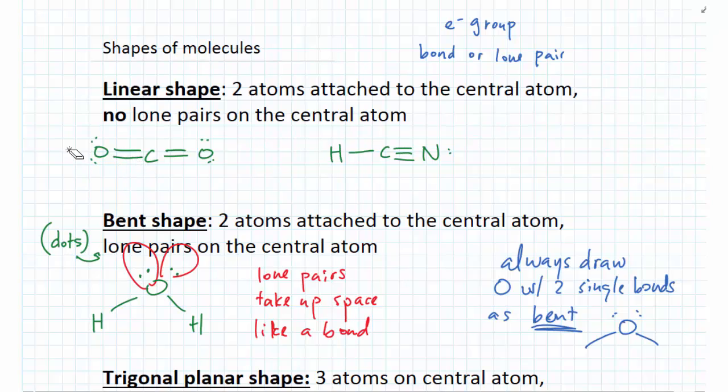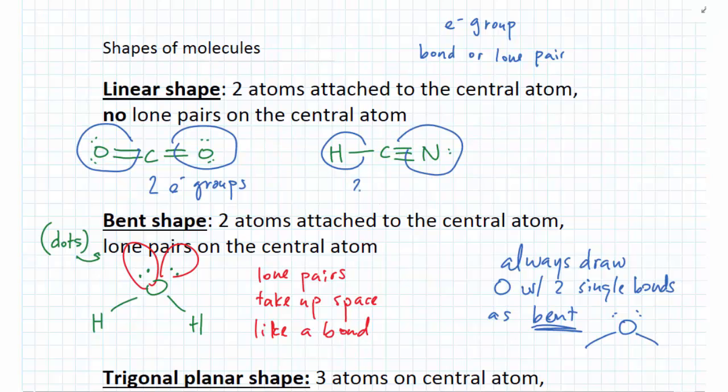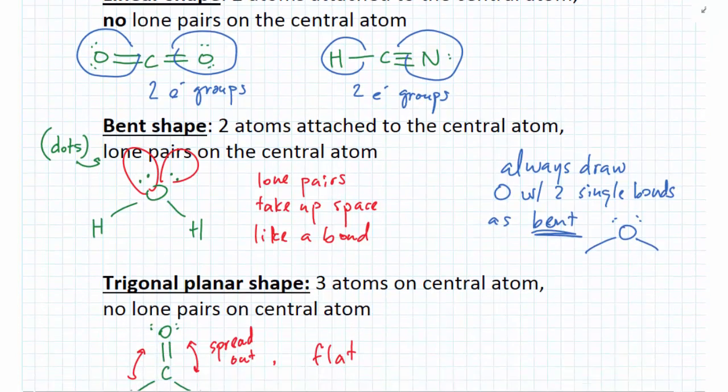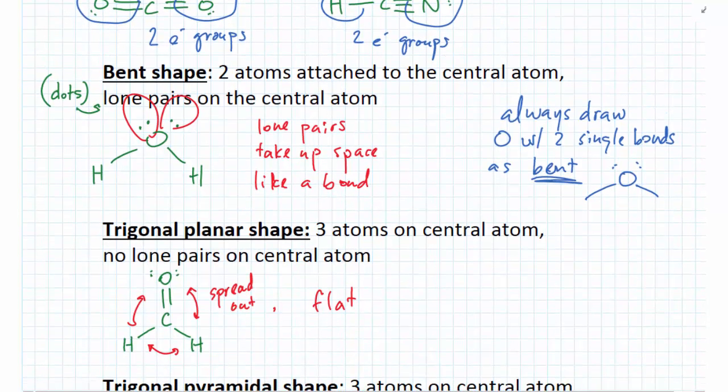What do you think? This double bond to O, that's one thing that's taking up space on the central atom, right? And that's another thing. So for it to be linear, how many electron groups? You can draw them like that. There's one, there's another. Go down to this one right here, trigonal planar.